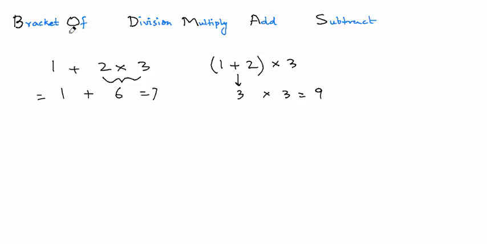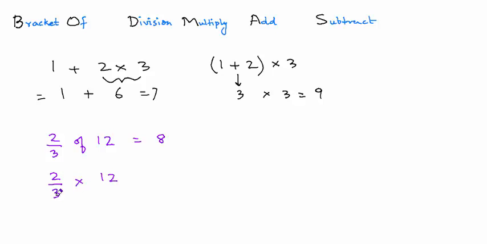Of, like I said, is just another way of saying multiplication. Often you see this in percentage and fraction problems. For example, 2/3 of 12 is equal to 8 because this means multiply the fraction 2/3 with the number 12.